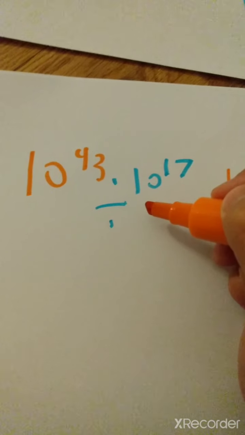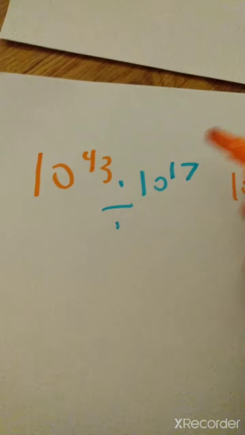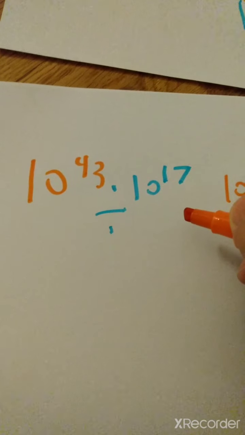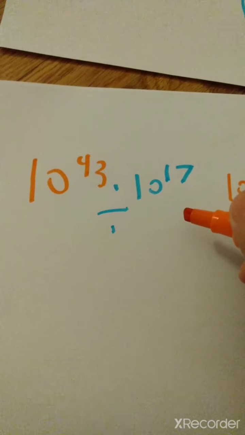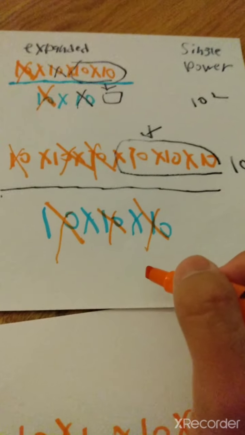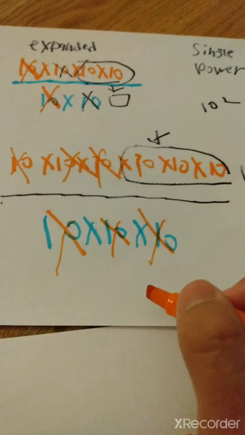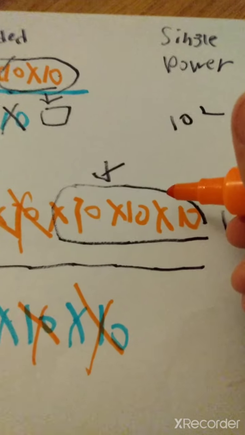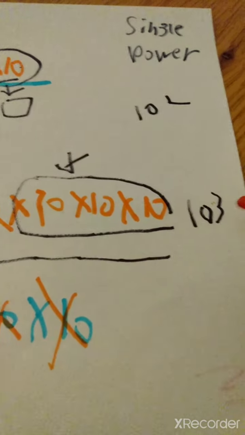Since these two exponents are very big for us to divide, what we're going to be doing is subtracting, because in the past two examples, what we were trying to do is see how many are left over in the equation, and that brings us to our single power answer.